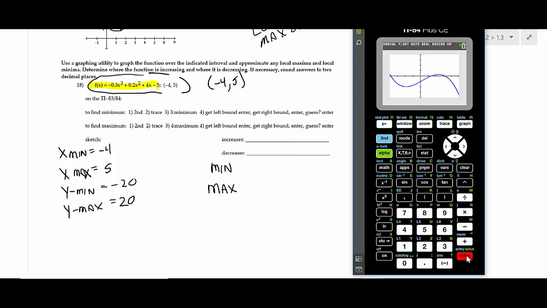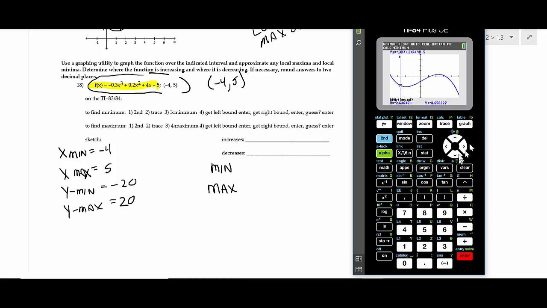Then you press enter, and now what it's going to ask for is a bound. So you want to move your left cursor until you get a little bit to the left of that minimum. It doesn't have to be very far to the left of it, just something like that, so that you are to the left of that minimum. Then if you press enter, depending on your calculator, like I have a line that goes through to say that's a boundary.